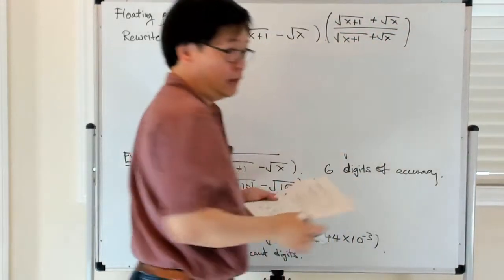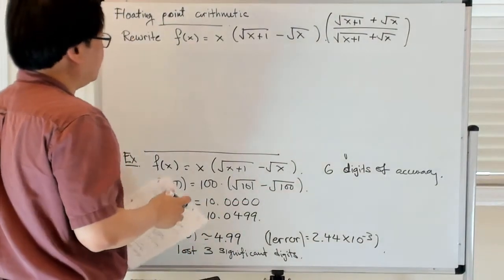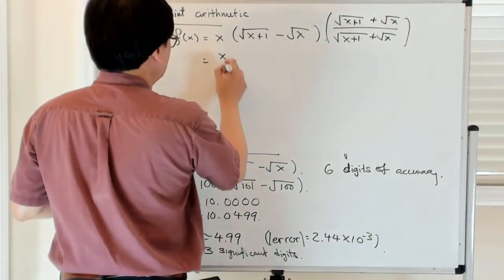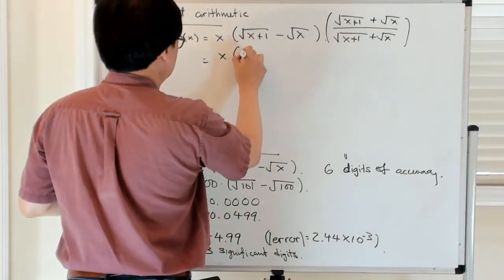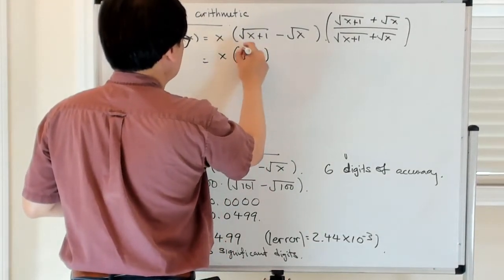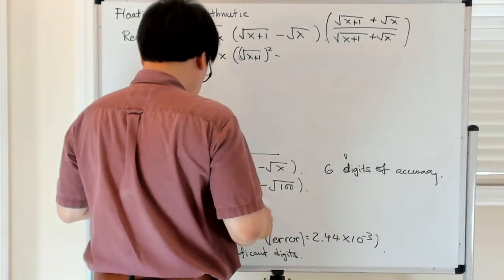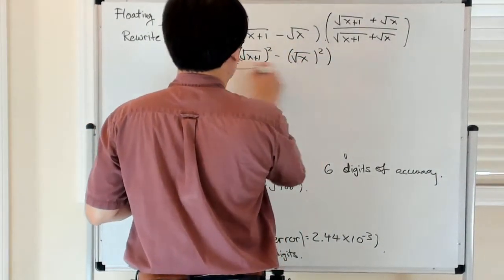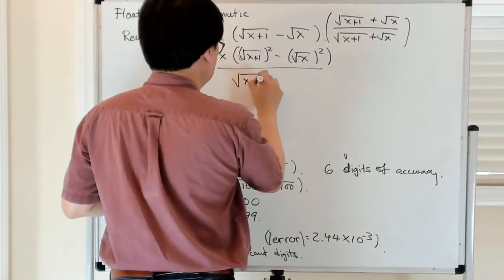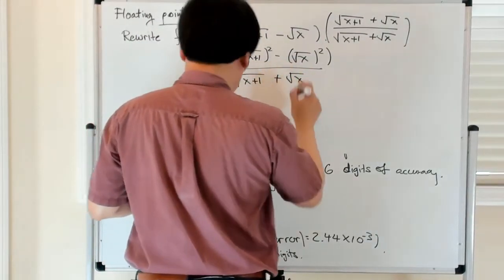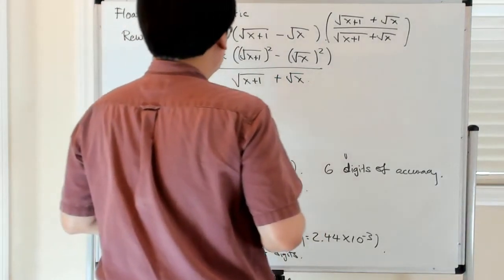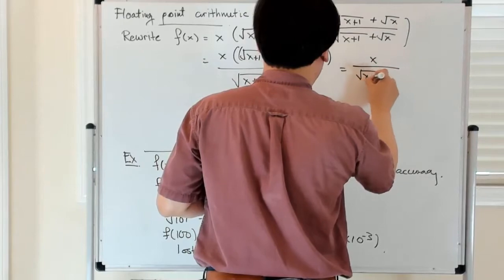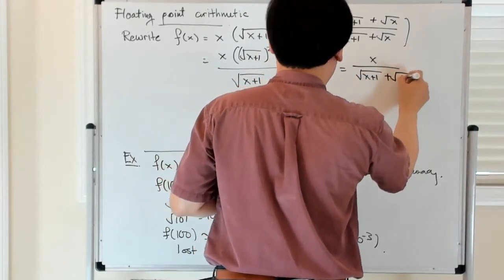In principle you've not done anything to it. But when you expand this, you get x multiplied into (square root of x plus 1) squared minus (square root of x) squared, divided by the square root of x plus 1 plus the square root of x. So that's going to be x over the square root of x plus 1 plus the square root of x.